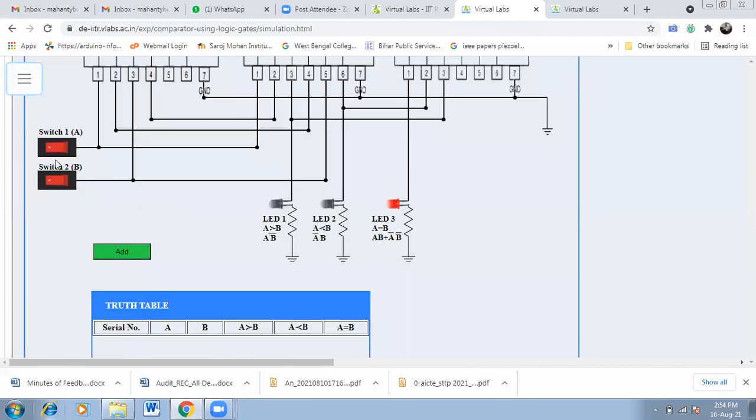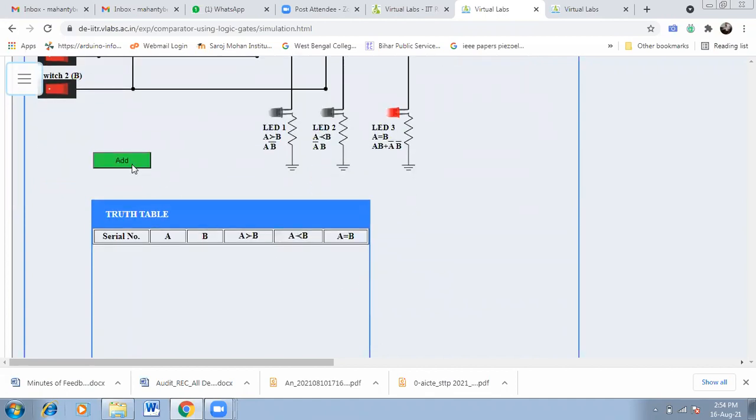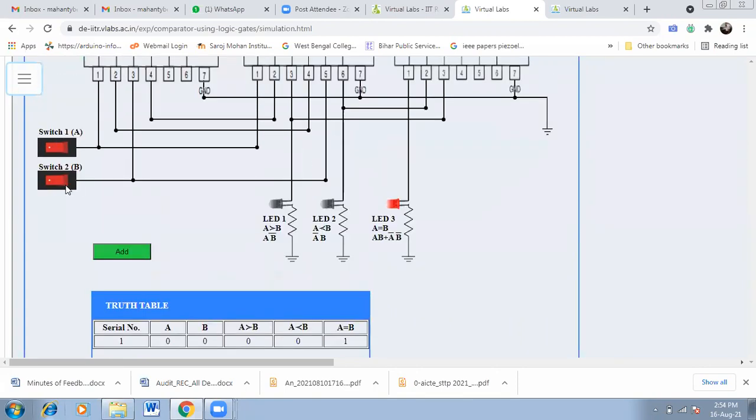Now see, A and B are both 0, 0 here. So 0, 0 means they are the same. So see, A is equal to B, so that LED is glowing. Among the three conditions, as I mentioned, between two inputs you have three probable outputs.